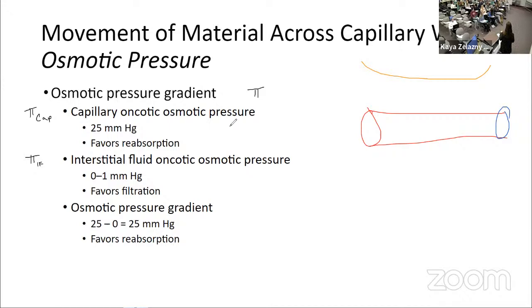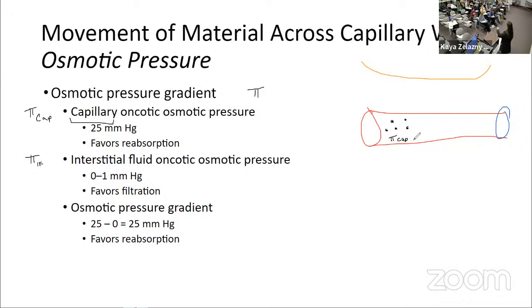So where would those proteins be? They're going to be in the capillary, right? So what we're saying is that we have stuff dissolved in the plasma, right? And this is producing our capillary oncotic osmotic pressure.